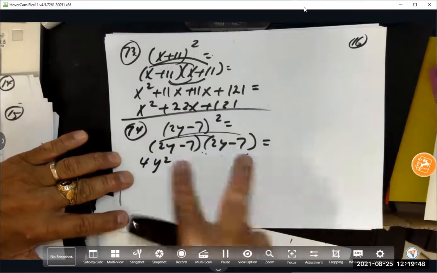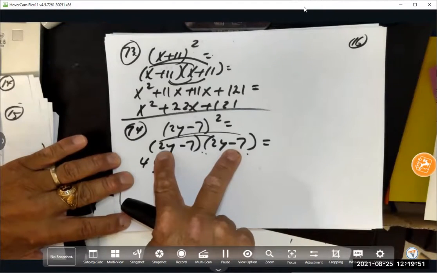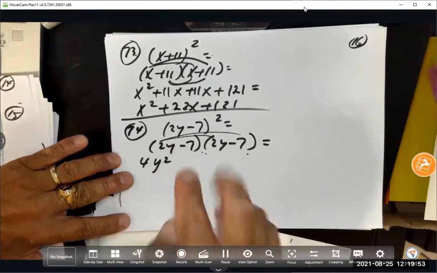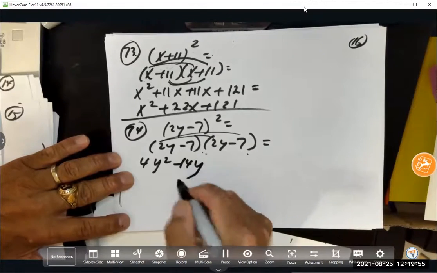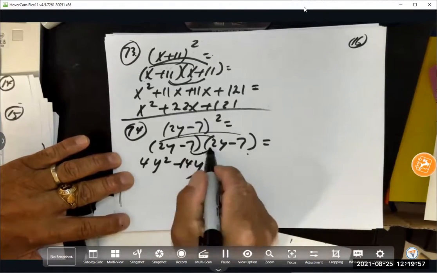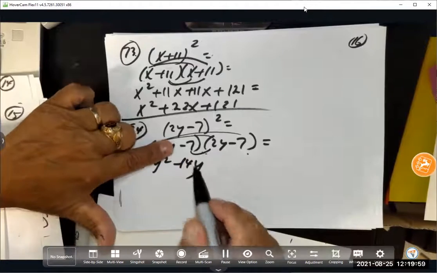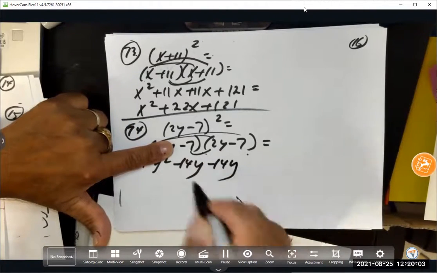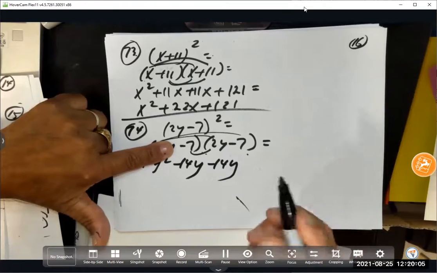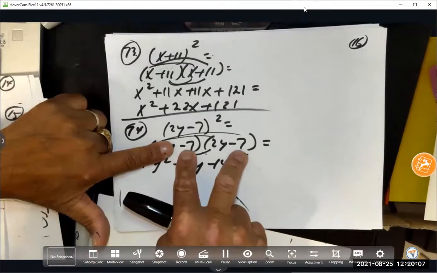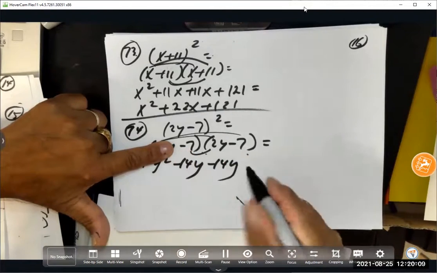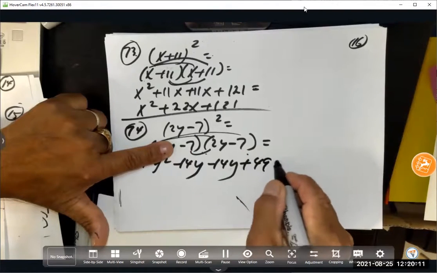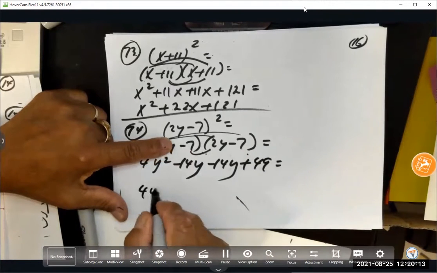And 2y times negative 7. Negative 14y. And a negative 7 times 2y. Negative 14y, that's right. And negative times negative? Positive 49. So 4y squared.